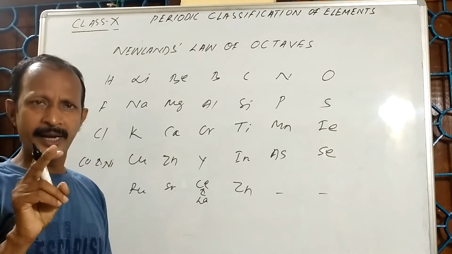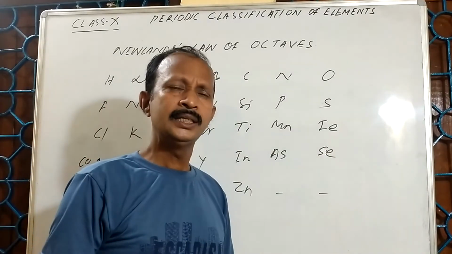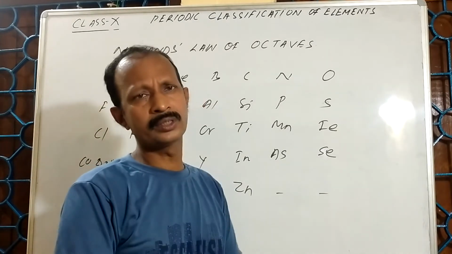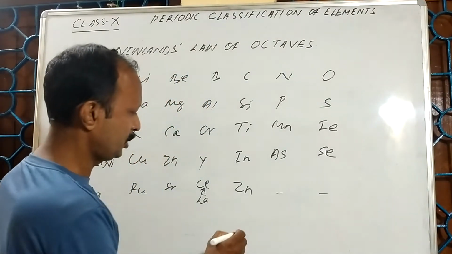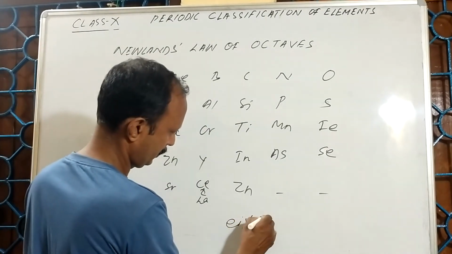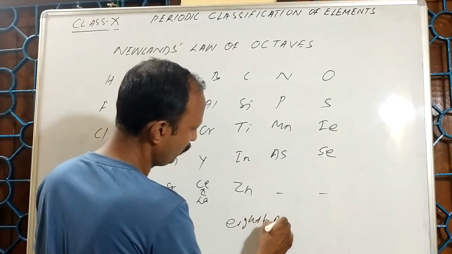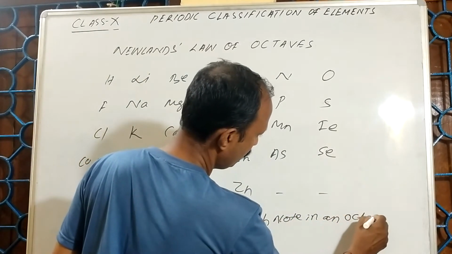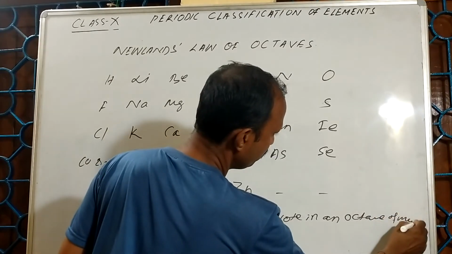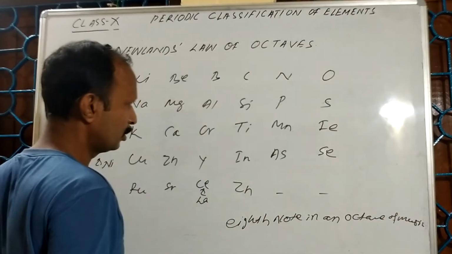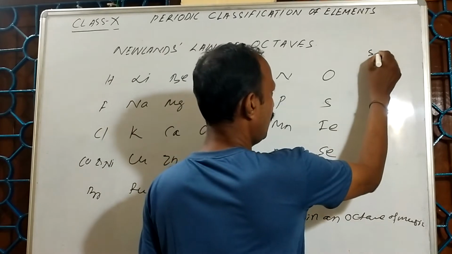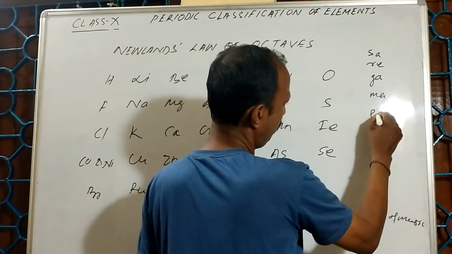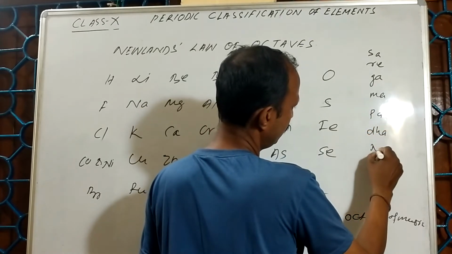the repetition of the 8th element with the first element is just like the 8th note in an octave of music. What 8th note? You know that sa, re, ga, ma, pa, dha, ni.